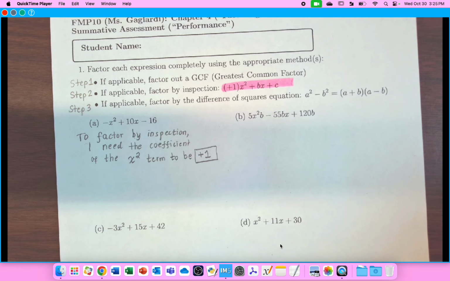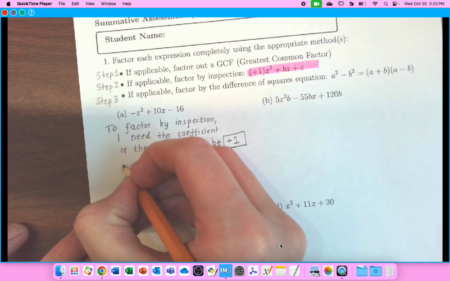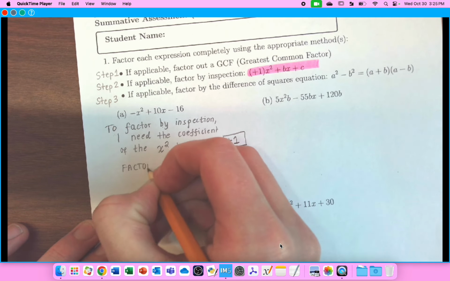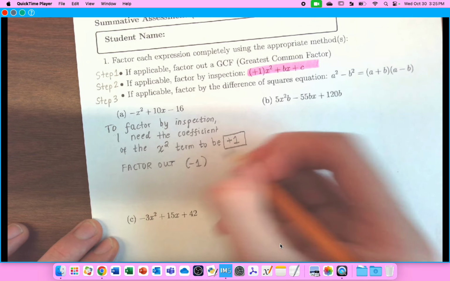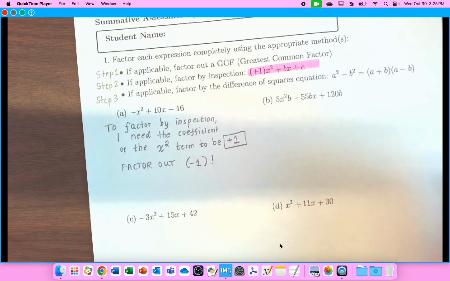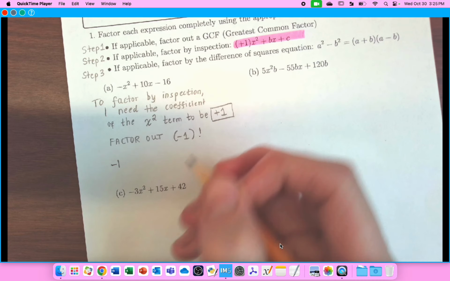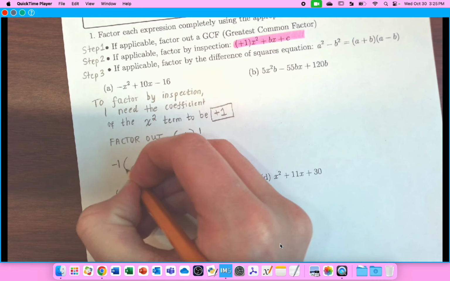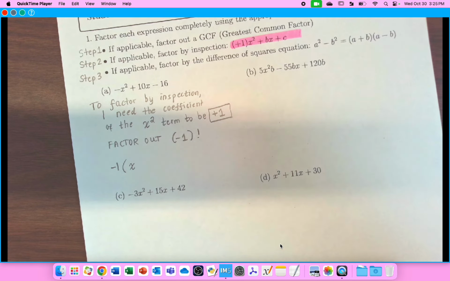So in any case like this, I need to factor out -1. So that's what I need to do here. Well, I'll show the dividing part.